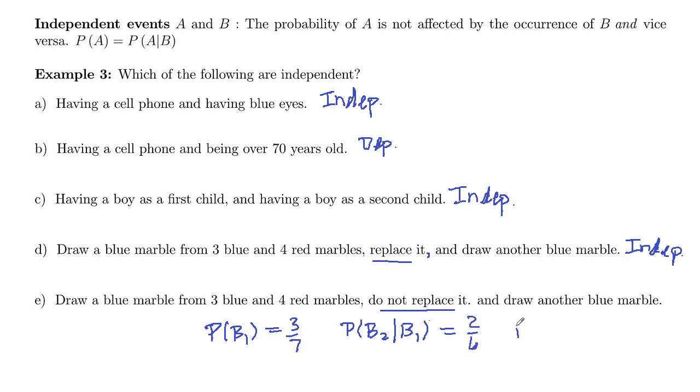See, the probability here that you draw blue second, given that you drew a red one first, you'd still have 6 marbles, but 3 of them would be blue, so that would be 3 out of 6. So see, the probability of blue on the second changes depending on what came first. So blue on the second, blue on the first, those are going to be dependent.